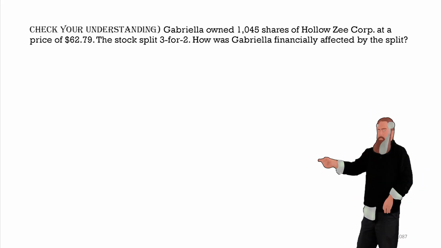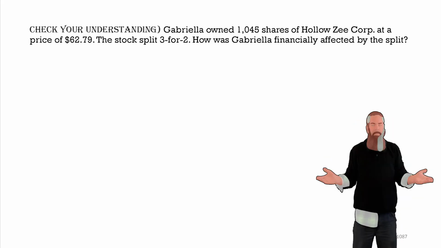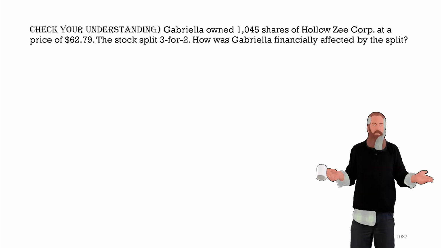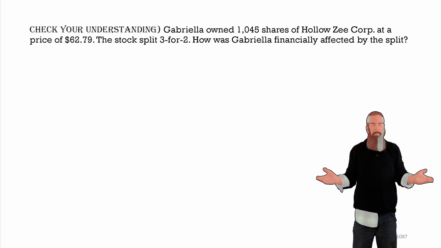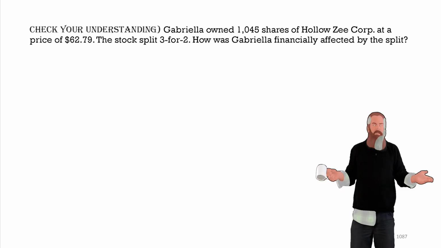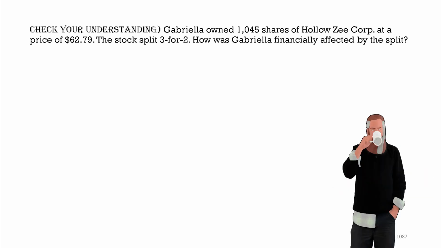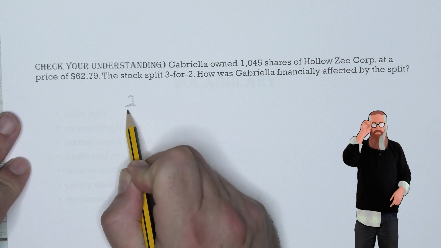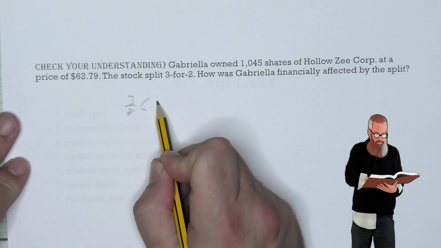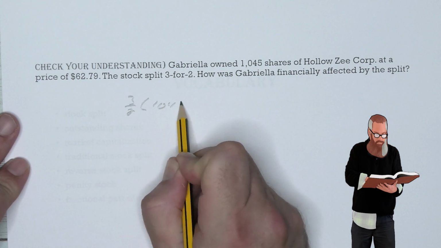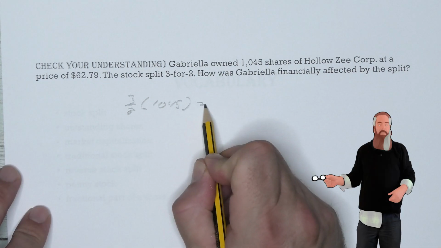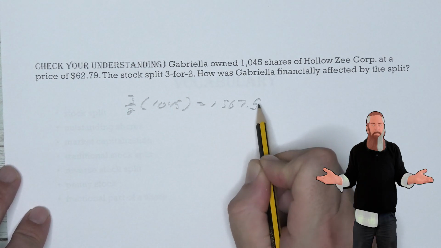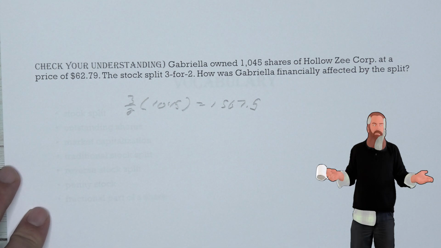Let's check our understanding. Gabriella owned 1,045 shares of Hollow Zee Corp at a price of $62.79. The stock split 3-for-2. How was Gabriella financially affected by the split? Well, 3/2 times her number of shares of 1,045 will give us 1,567.5, but we have that half share left over.